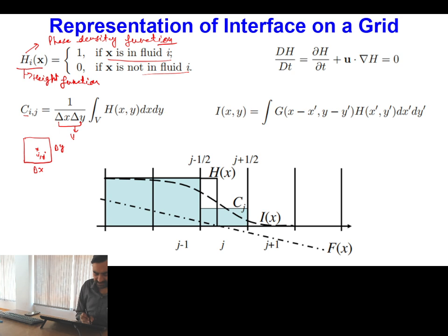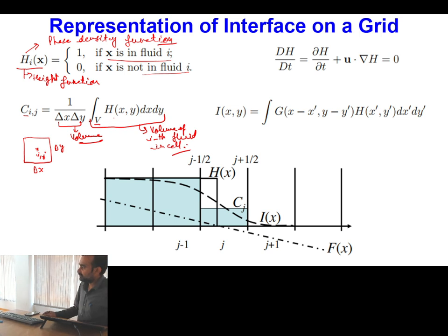For a two-dimensional cell, this will be nothing but the volume of the cell. And then if I take the volumetric integral of the height function h of x,y dx dy, what will it be? This entire quantity comes out to be nothing but the volume of the ith fluid in the cell. Is this point clear?